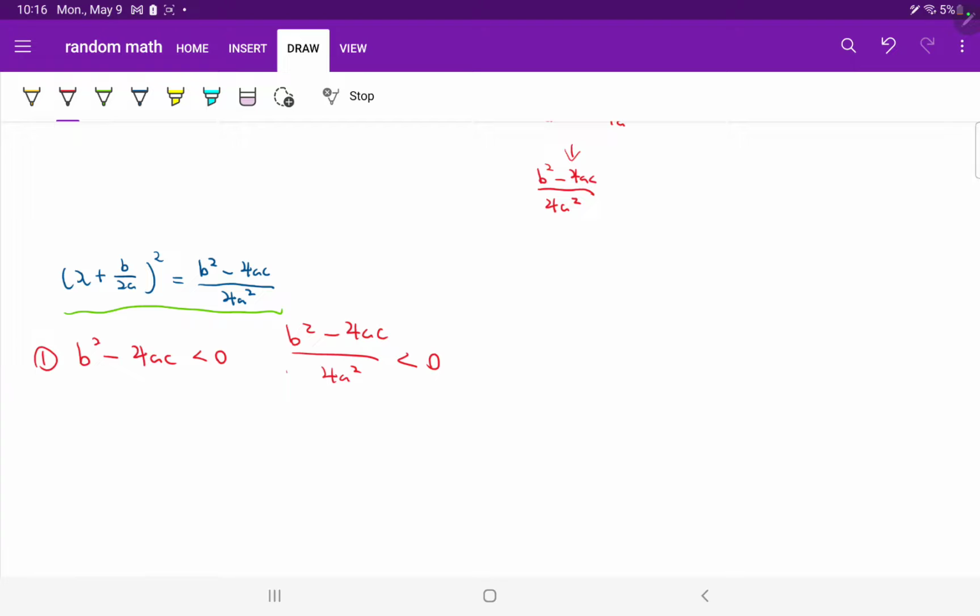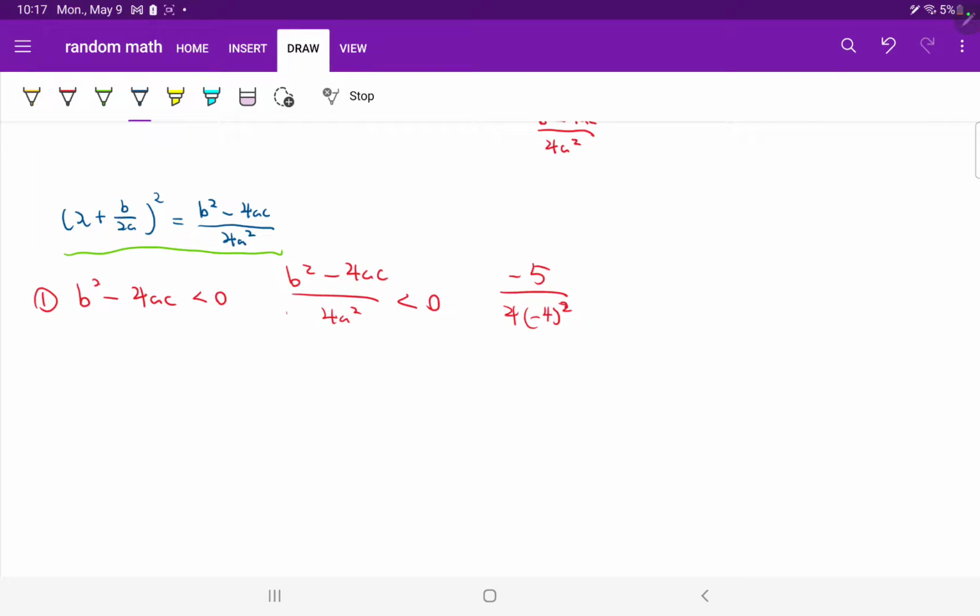So if we have a negative number on the top, let's say the top is -5, and then the bottom, let's say a is like -4. If we square that negative a on the bottom, it becomes a positive number. So regardless of what a is, the bottom will always be a positive number. And we know that if we have a negative number on the top and a positive number on the bottom, we're guaranteed to get a negative number overall. So b squared minus 4ac over 4a squared is guaranteed to be smaller than 0.